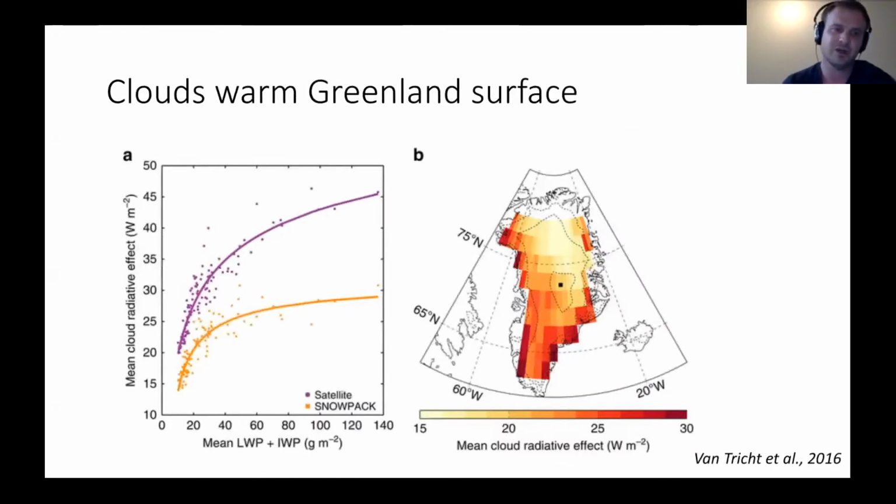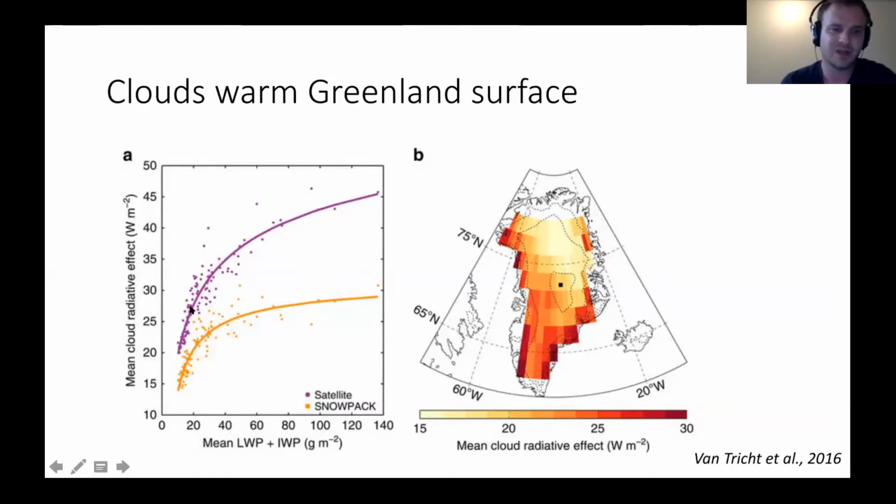And this is shown here, and I'll mostly focus on the purple line. The purple line shows what the cloud radiative effect is, which is basically the net amount of energy that is due to clouds. So when it's positive, it means that the clouds have a positive energy effect. They will increase the net annual mean surface energy balance at the surface of the ice sheet.